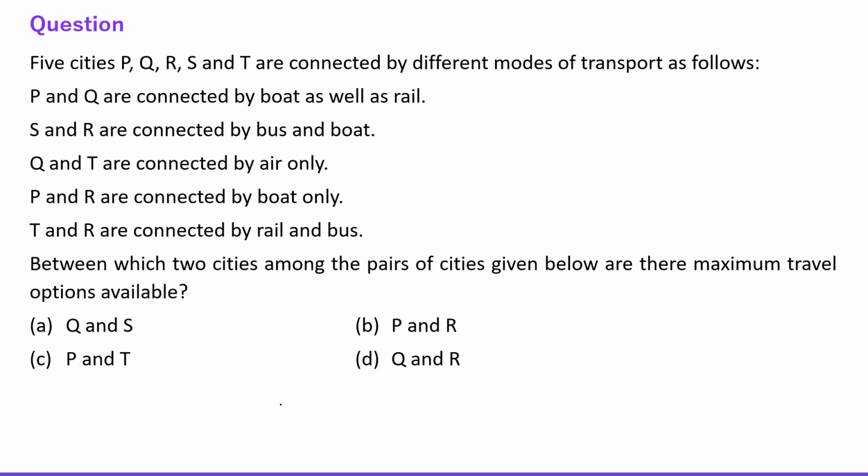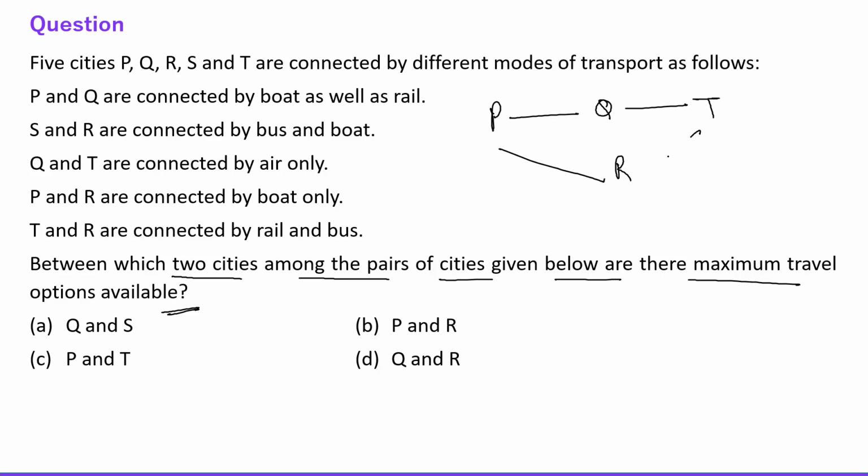The next question is asking, between which two cities among the pairs of cities given below are the maximum travel options available? Again we have to draw the same diagram. P, Q, T, R and S. P and Q are connected by boat and rail.